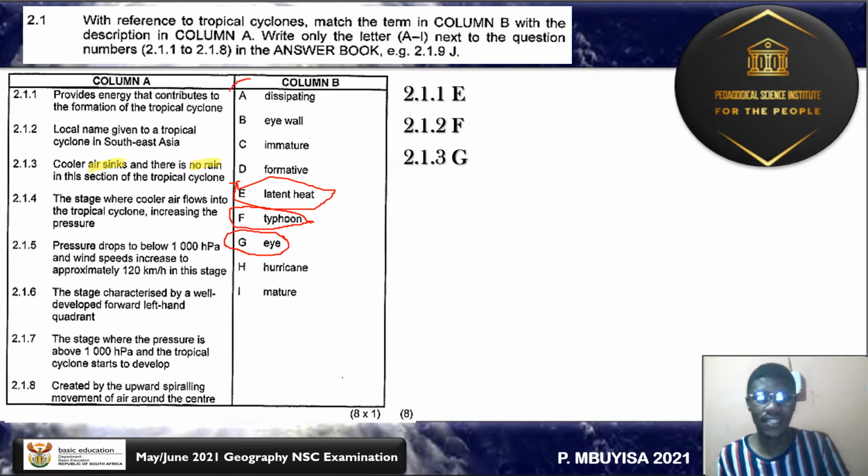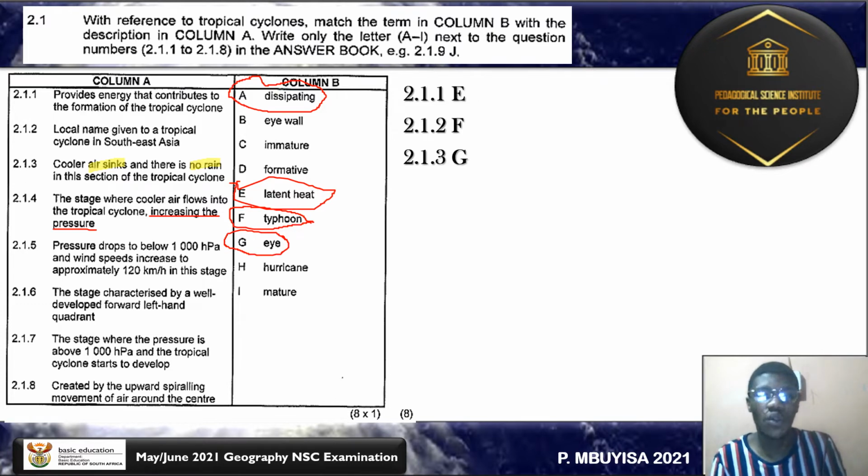Now why am I saying dissipating stage and not mature stage? It's because in the dissipating stage, we have an increase in pressure. And remember that the increase in pressure is the one that leads to the system being destroyed. So that's why the answer is A, dissipating stage.